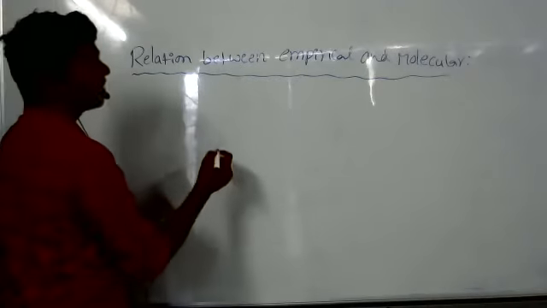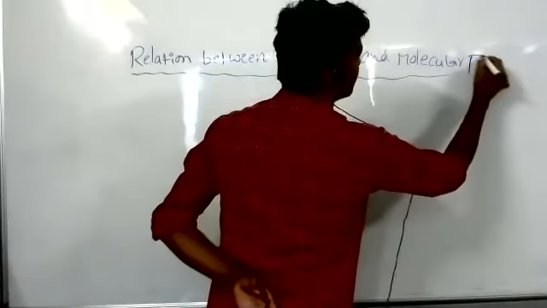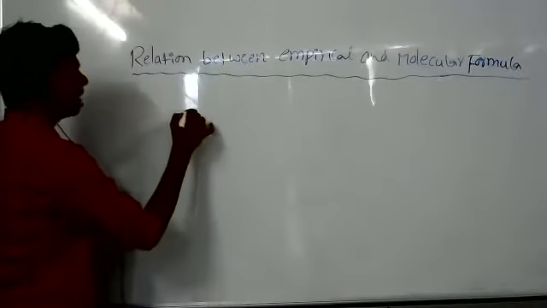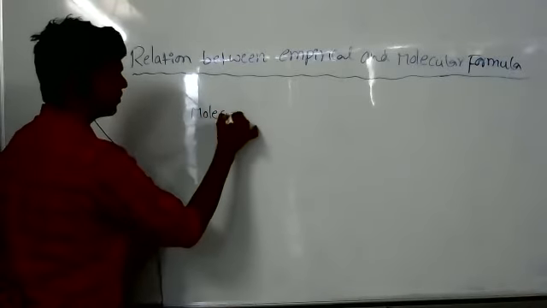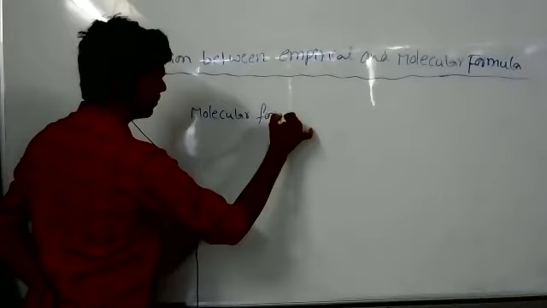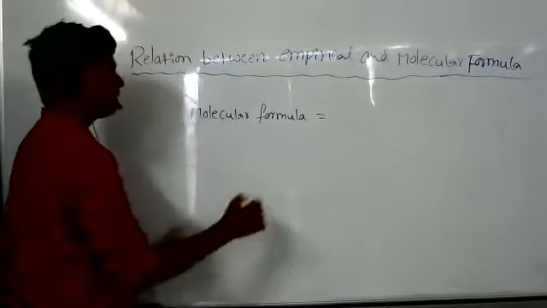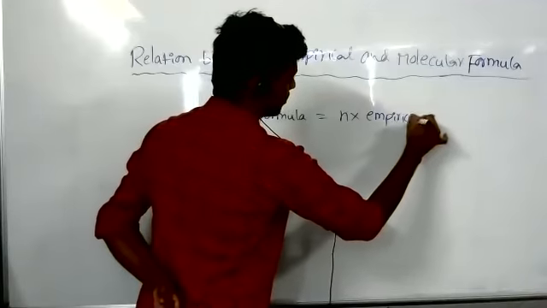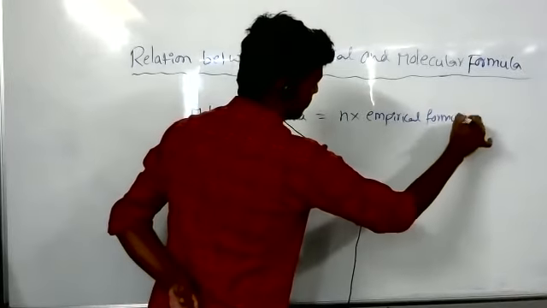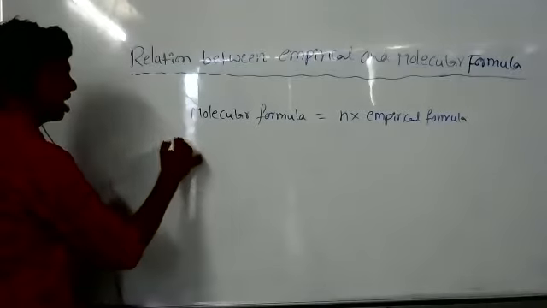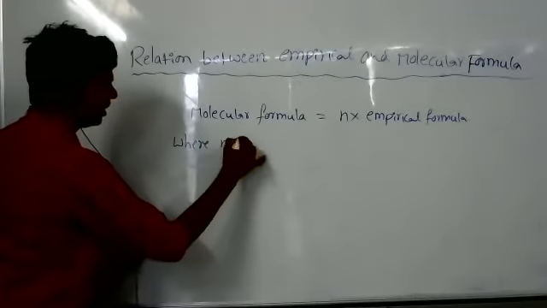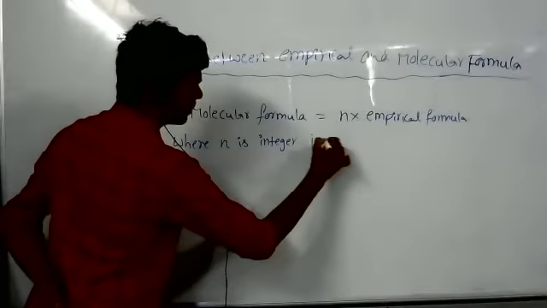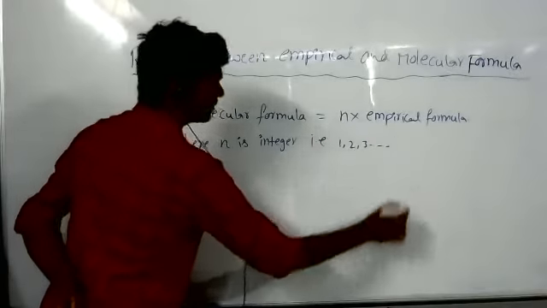Relationship between empirical formula and molecular formula. Here, molecular formula is equal to N into empirical formula, where N is an integer, that is 1, 2, 3 and so on.